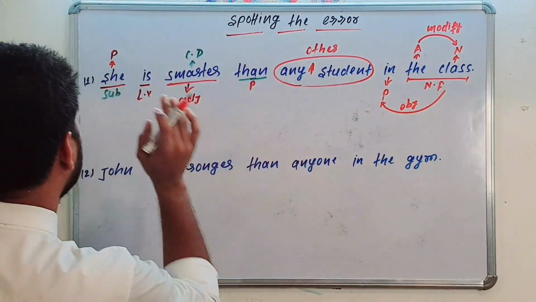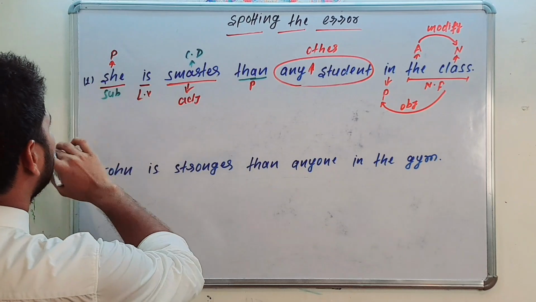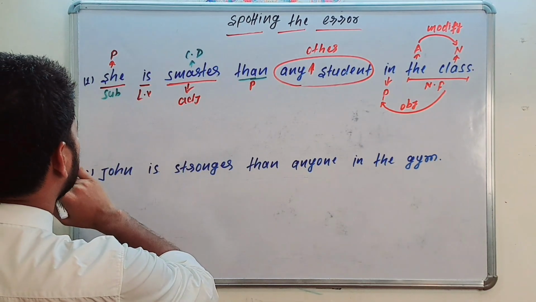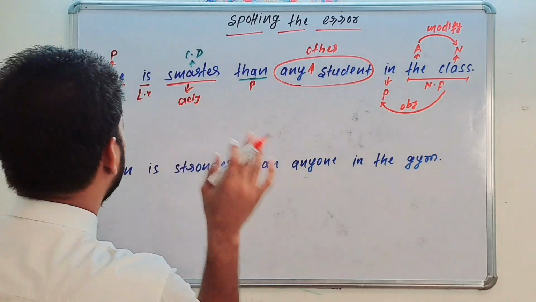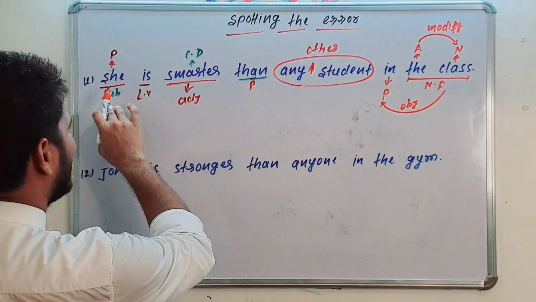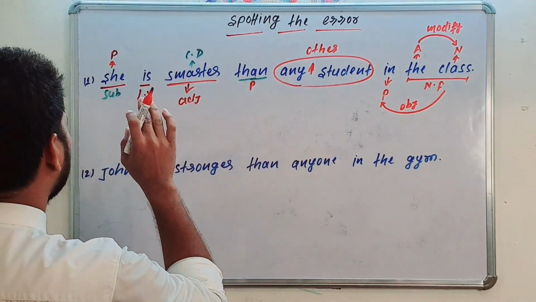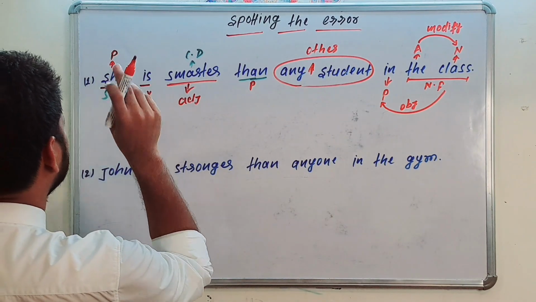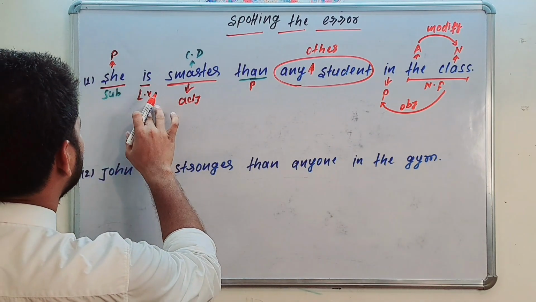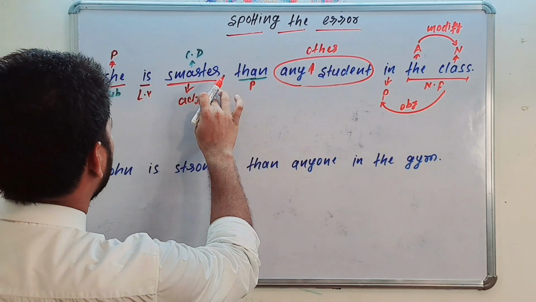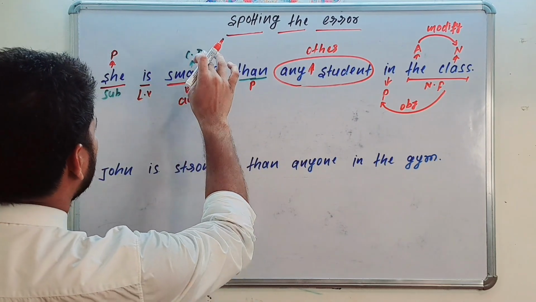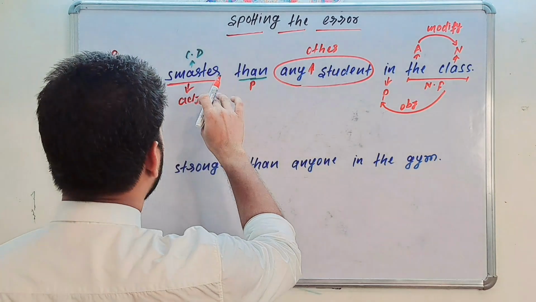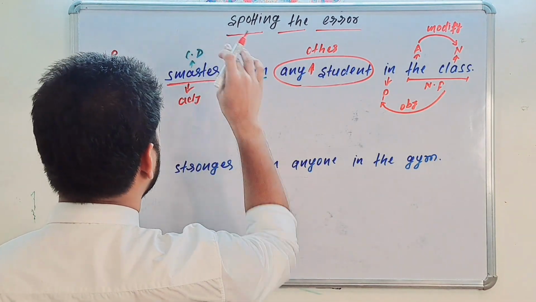Again, see from the beginning. She is the subject and pronoun. You know that subject basically covers noun, pronoun, noun phrase, anything like that. But here she is the subject and pronoun, is is a linking verb, smarter is an adjective of comparative degree.